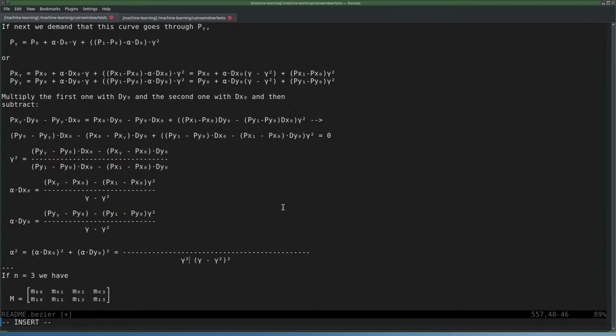Also have to square that, times 1 minus gamma squared. Gamma squared times 1 minus gamma squared. And this is all of that squared plus all of that squared.